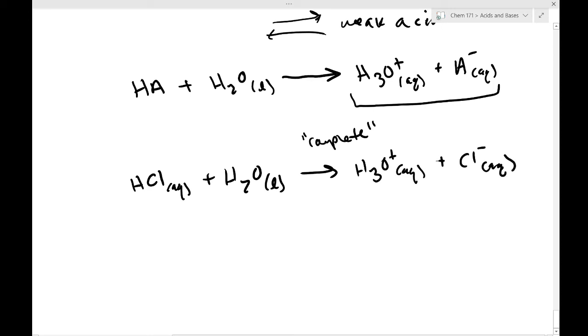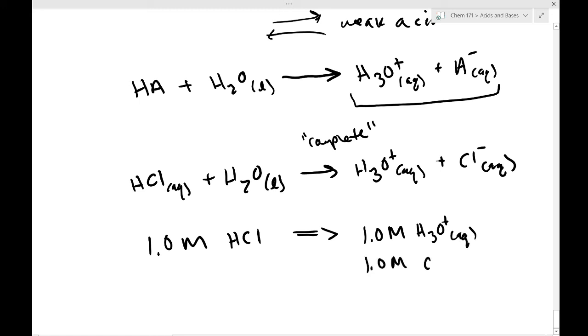So if you have 1.0 molar HCl in solution, this necessarily means that you have 1.0 molar H3O plus and 1.0 molar Cl minus in solution.